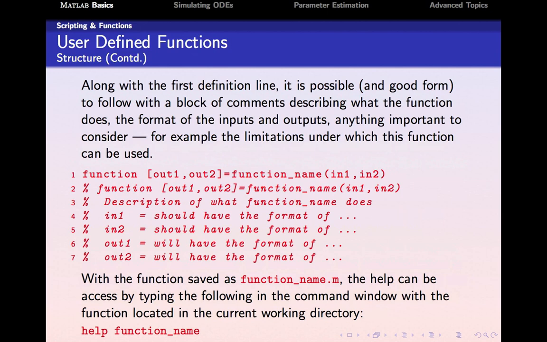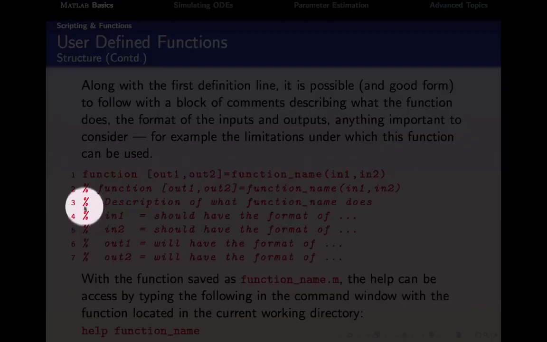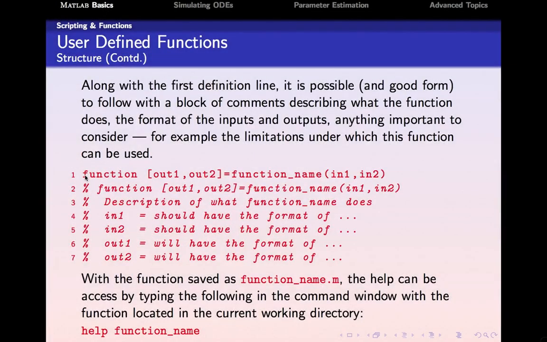Okay. The block of comments immediately following the function declaration. So right here we have the line numbers. This is line number 1 in function_name.m. This is line number 2, line number 3, 4, all the way up to 7. The block of comments immediately following the function declaration will basically provide the help for that function.